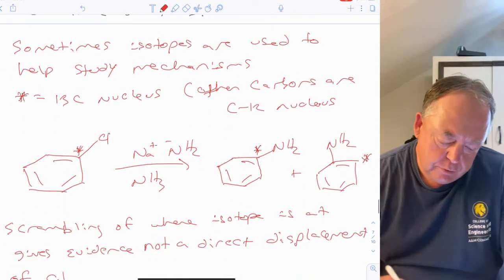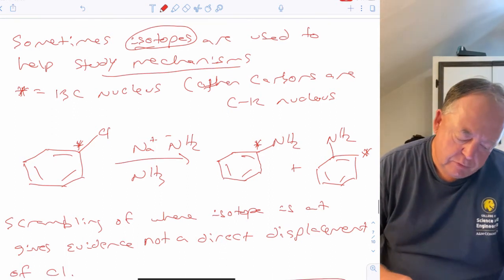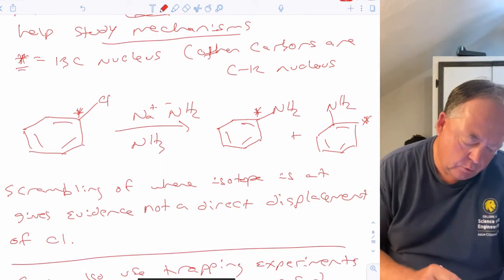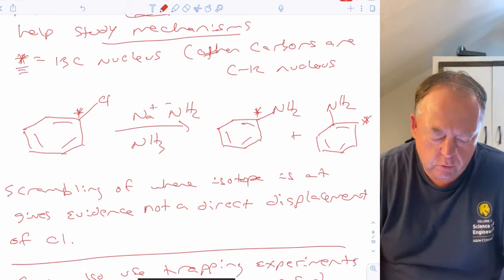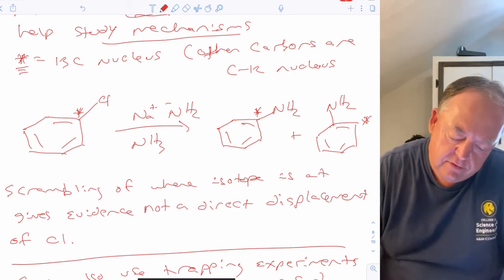So sometimes isotopes are used in organic chemistry to help study mechanisms. So in this particular example, the asterisk represents a carbon that's been substituted with a carbon-13 nucleus. Right, most carbon in nature is carbon-12.